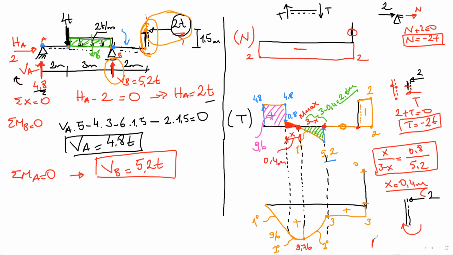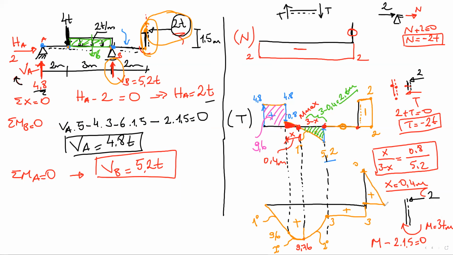Here, moment minus 2 times 1.5 equals 0. So here, moment equals 3 ton meter. It's positive. I will draw it this side. We connect a line.